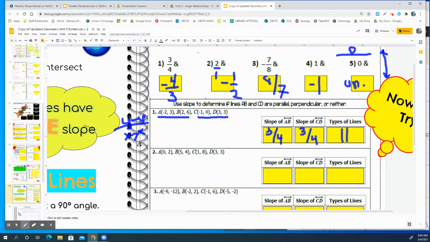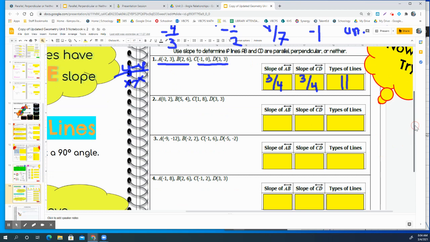Same thing with the next one, number 2. If you're beginning part of the alphabet, do A and B. If you're ending part of the alphabet, do C and D. And when you have an answer, put it in the chat.